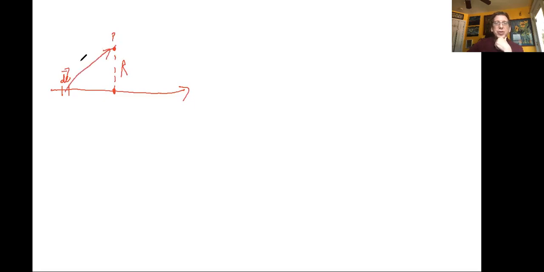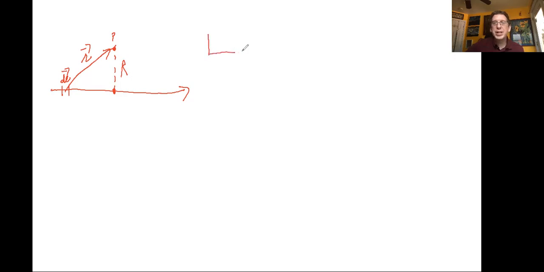And so the vector script r points from that infinitesimal length of wire to the point P where we're evaluating the magnetic field. So the first things we need to do are to figure out what dl is and what script r is.